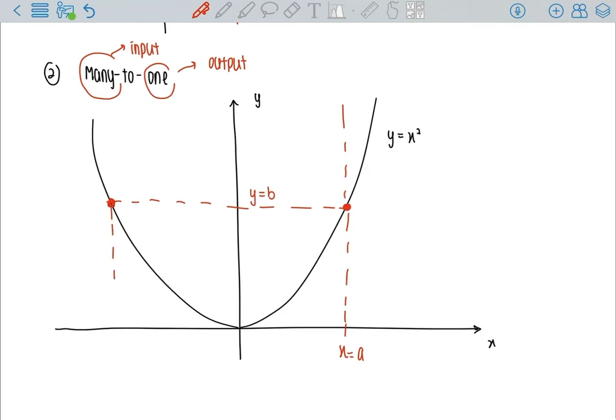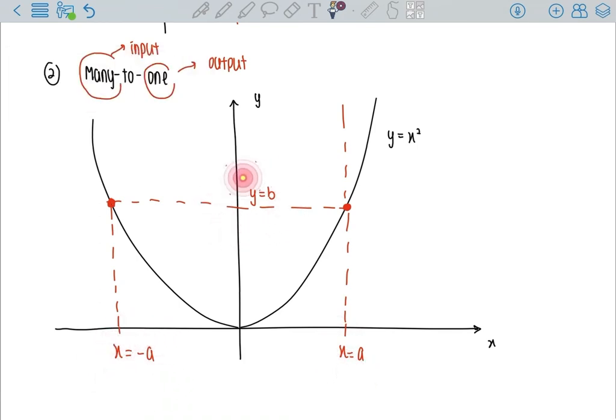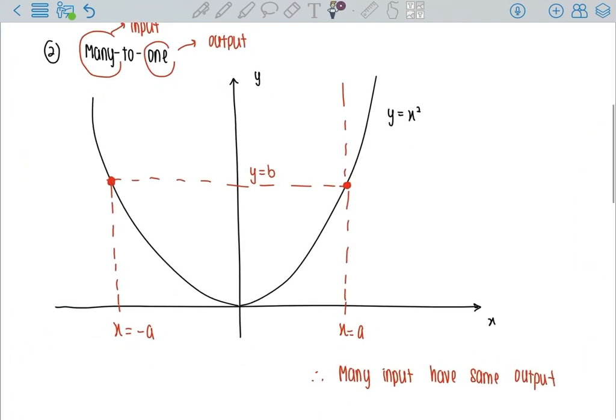From this point, we see another input, for example x equals -a. So we can see that in this graph, two different inputs, x equals a and x equals -a, have the same output. That's why we can conclude that many different inputs have the same output. So this is many-to-one mapping.